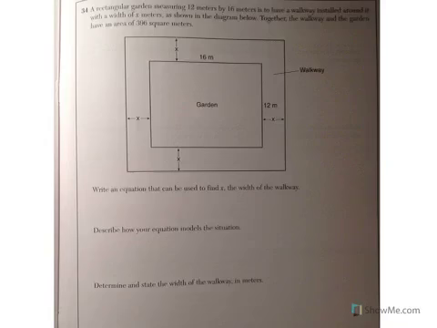Okay, well, using the area formula, we have to remember that area is equal to length times width. Okay, so if we look at the length, if this part right here is 16 meters, and the width right here of the walkway is x, and over here is another x, then really we have 2x plus 16 as our length.